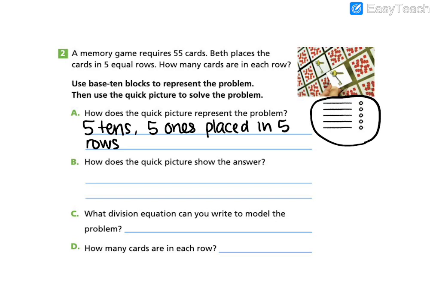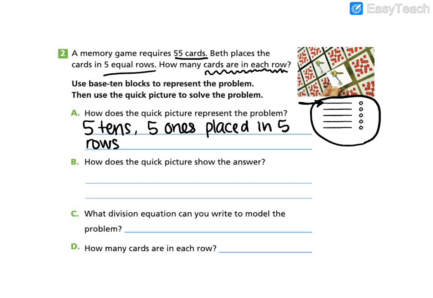And then letter B asks us, how does the quick picture show the answer? Well, we're looking at 55 cards in 5 equal rows. How many cards are in each row? Well, if we look at it, does it show us how many cards would be in each row? Right?